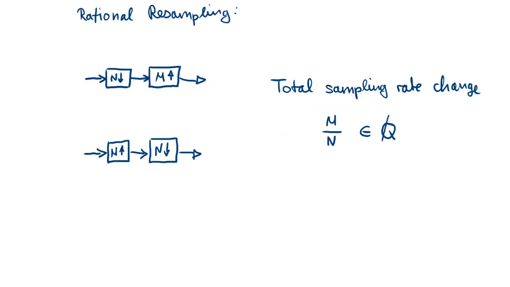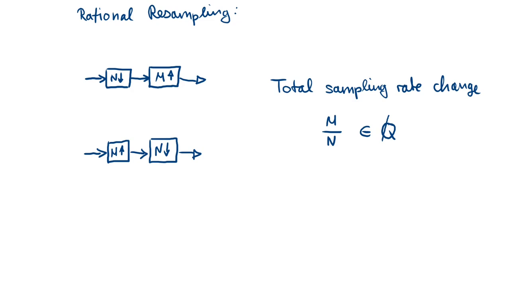And at the last points, we have said that both the interpolation factor and the decimation factor must be integer values. So they must be positive natural numbers.